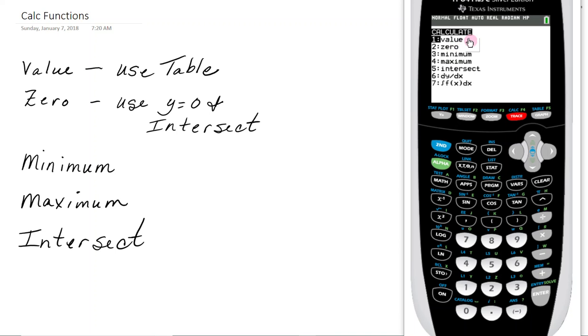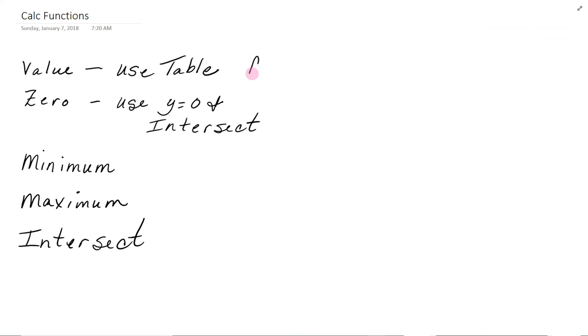Value, I don't really use because I use table. Value does find a function's value, like f of 7 is 9, or a minute ago when we did one where we had f of 2 was 11. When x was 2, y was 11.